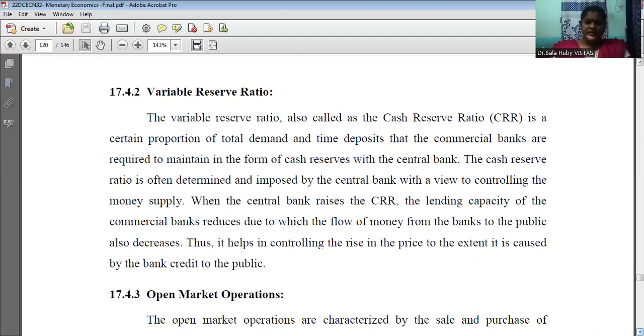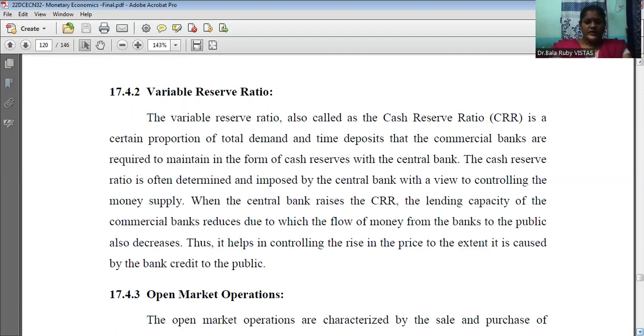When the central bank raises the cash reserve ratio, the lending capacity of the commercial banks reduces, due to which the flow of money from the banks to the public also reduces. Thus, it helps in controlling the rise in prices to the extent it is caused by bank credit to the public.